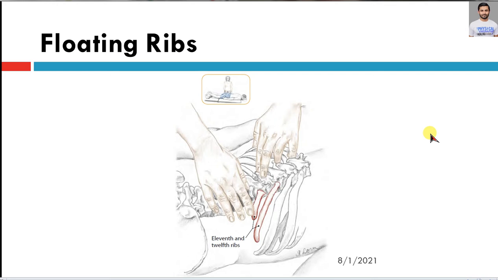It's a very basic concept, and I expect you to know this for sure. The floating ribs, the 11th and 12th ribs, are very easily palpable and very soft, but try not to press too hard, because this can sometimes be very painful because of close proximity to the viscera.